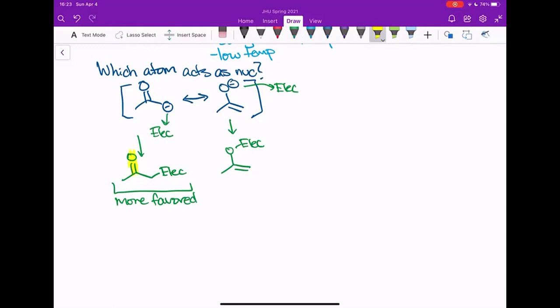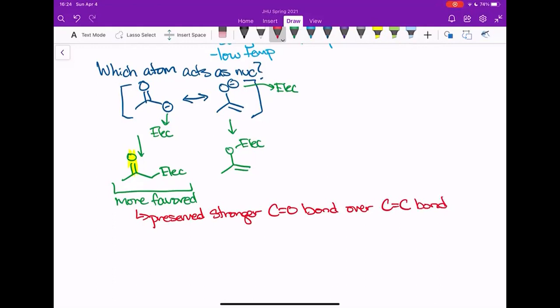And so you really want to preserve this carbonyl because it will give your product more stability. Okay. So that's why generally whenever we have our enolate chemistry, we're going to be attacking from that carbon instead of from the oxygen.